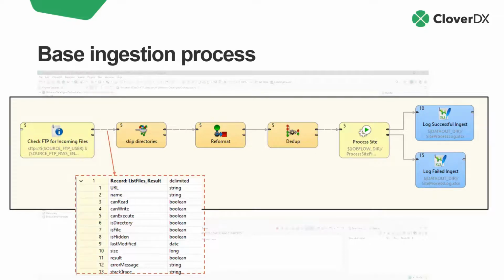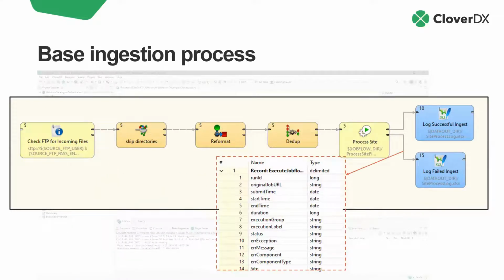Here, for example, that edge contains information about the files that we detected on the FTP, their names, when they arrived, what their size was. Whereas down here, the edge between the components gives us information about how the ingest process worked, when it started, how long it took, and if there were any error messages.